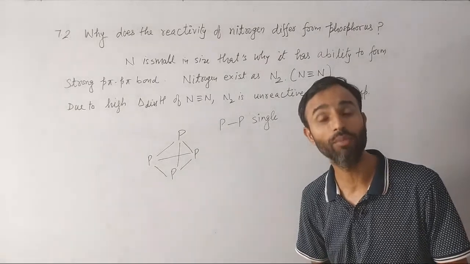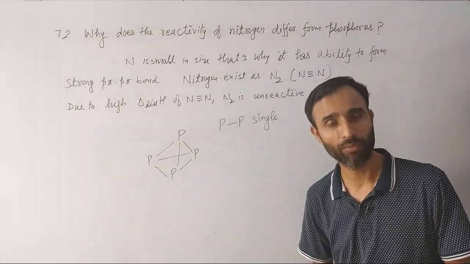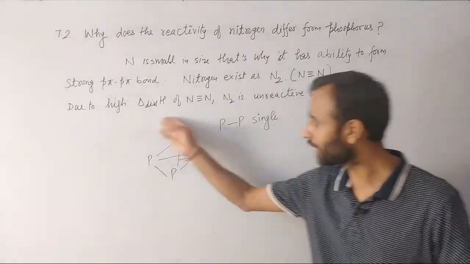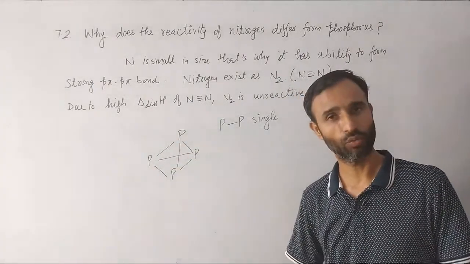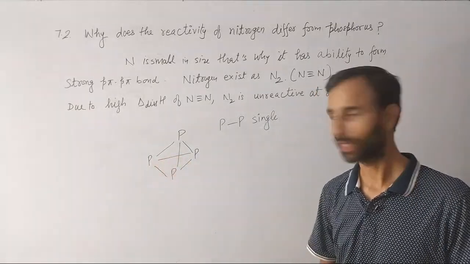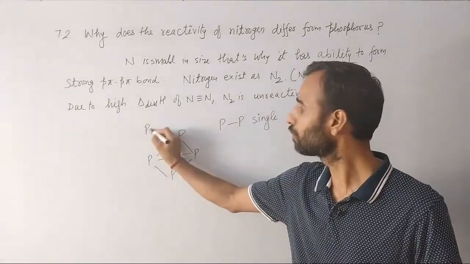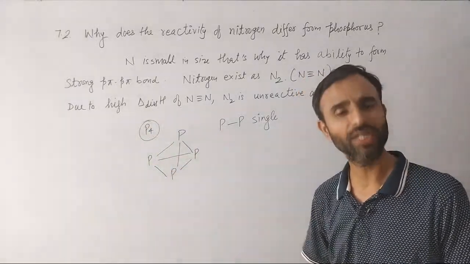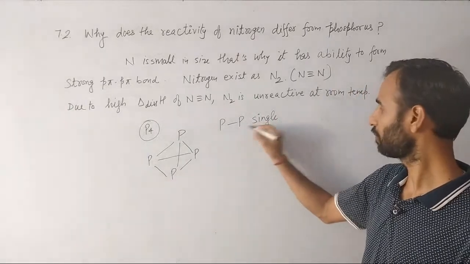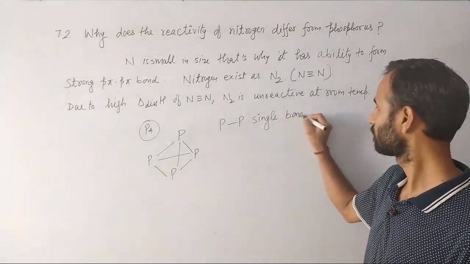Phosphorus cannot form strong p-pi bond due to its large size, so it satisfies all the valences by forming single bonds. So it exists as P4 in white, or we can say yellow phosphorus. So P-P single bonds are there.